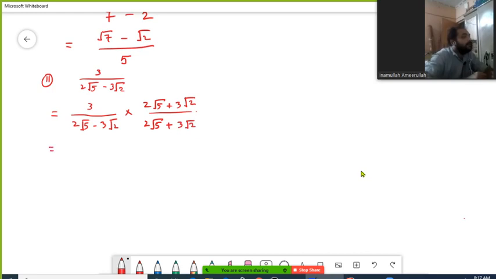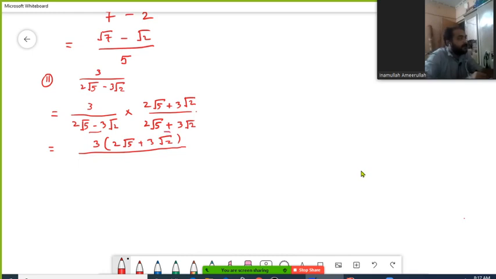Now, we can multiply. So, this 3 will multiply with 2 root 5 plus 3 root 2 upon, look at this, this part is a minus b and this is a plus b.